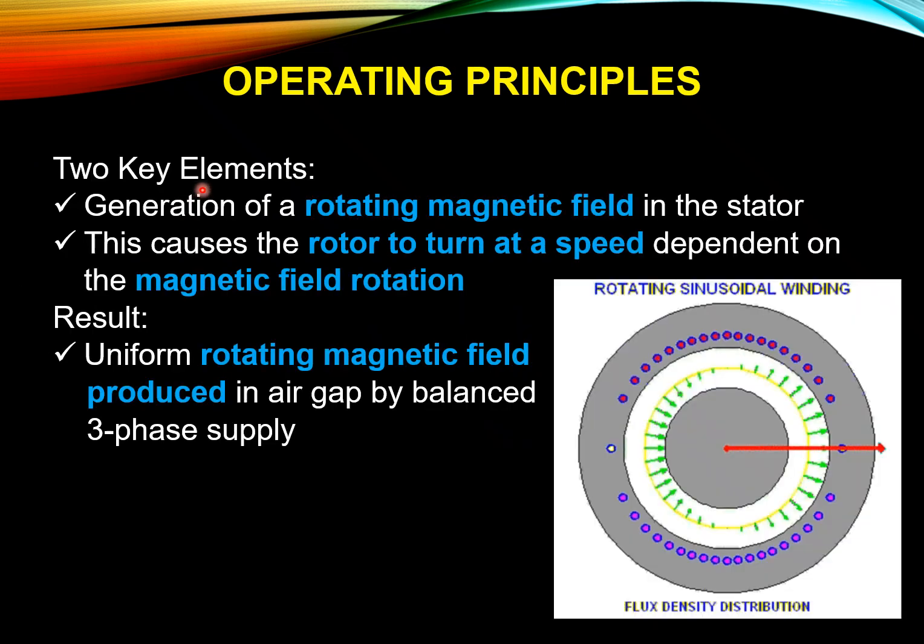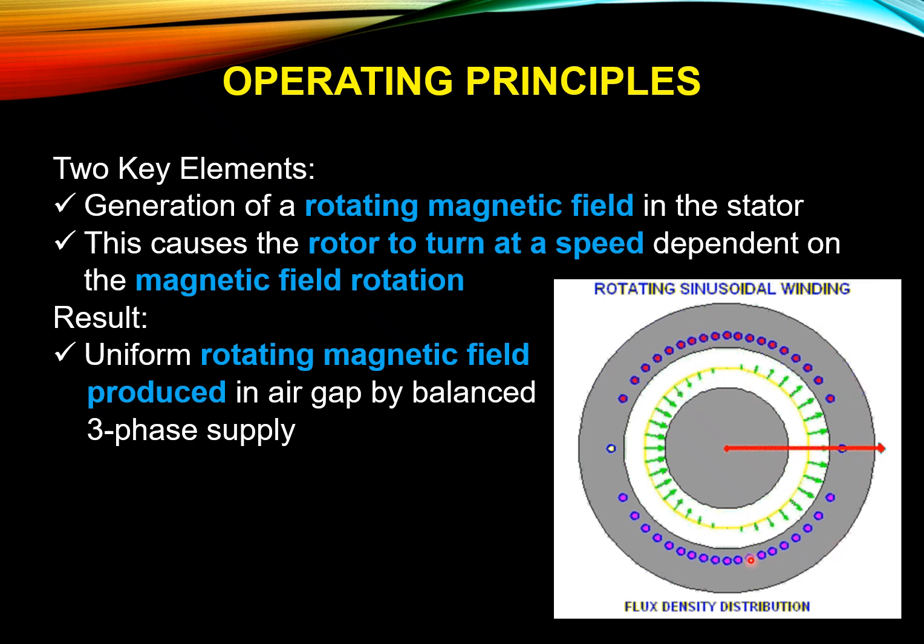Okay, so we'll see the operating principle of the induction motor. There are two key elements that we need to understand. First, the generation of a rotational magnetic field in the stator. You have a stator outside and a rotor inside. At first you need to create a rotational magnetic field in the stator, and it will cause the rotor to turn at a speed dependent on the magnetic field rotation.